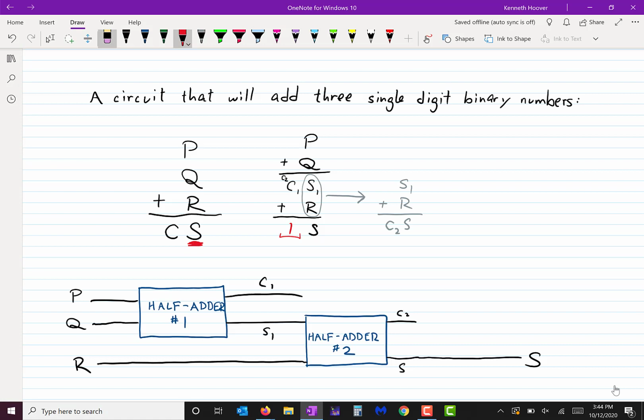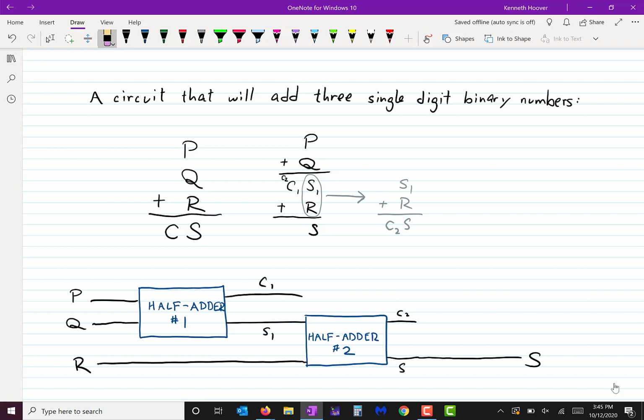If they're both zeros, then we should get a 0 down here. And finally, if they're both 1s, then in that case, we would have made a mistake. It's not at all obvious why, but let me just show you here.